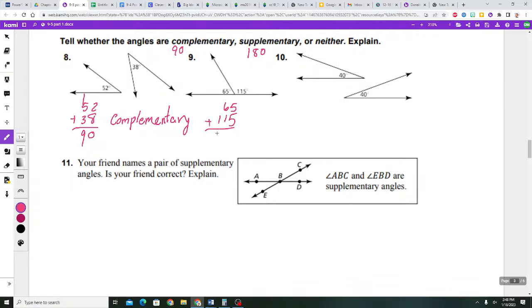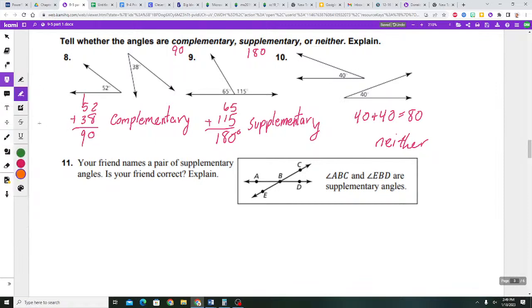Give me a moment here. Okay. And that gives us 180. And so that's supplementary. And then these two here, 40 plus 40 is only 80. And so that's neither.